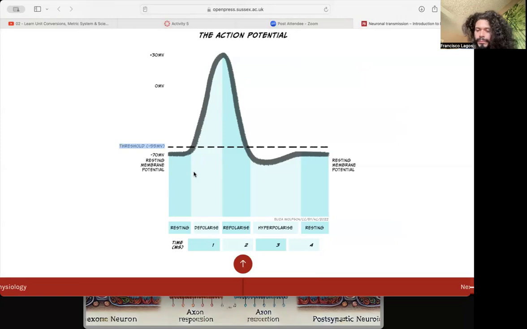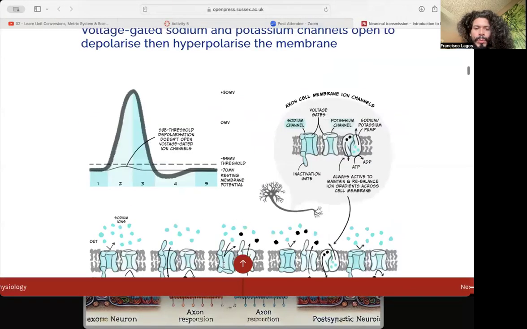Let's look a little bit at depolarization. During the action potential, the membrane becomes depolarized. Sodium ion channels open up and sodium floods into the cell. Let's look at where it opens up a little bit.